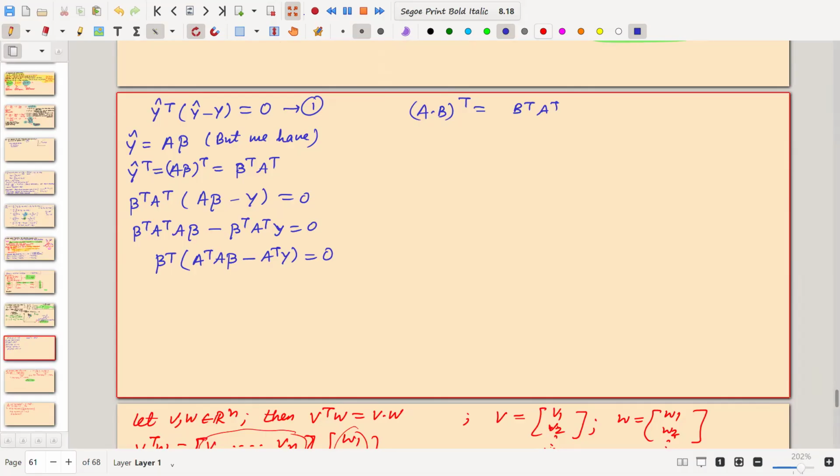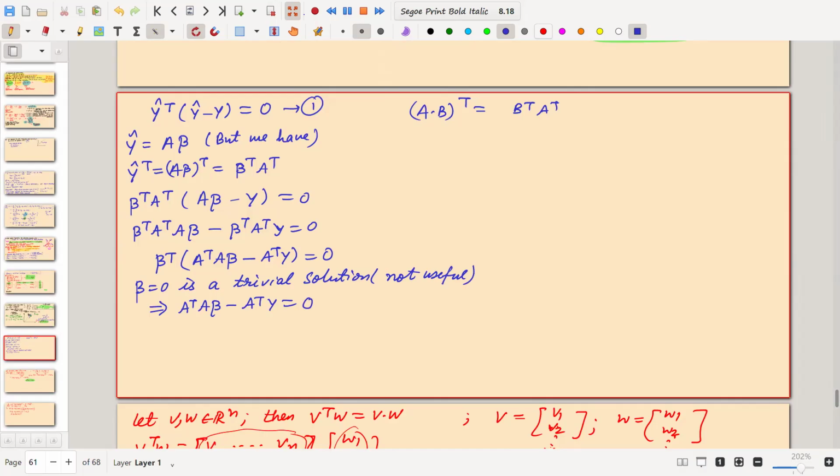Either beta can be 0, which is not at all useful. Beta equal to 0 means all the coefficients are 0, which we don't want. So beta equal to 0 is a trivial solution and not useful. So we have to take A transpose A beta minus A transpose Y equals 0.